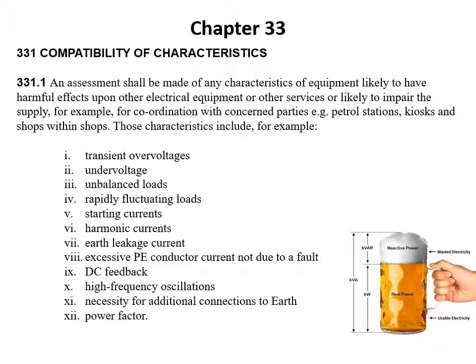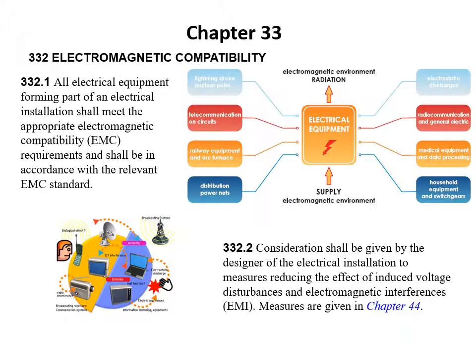All our systems need to be compatible and need to be able to work together and work without interfering with any other systems. Electromagnetic compatibility consideration needs to be given to the design for installations of ways of reducing electromagnetic interference to other systems, and we need to comply with any relevant EMC standards.